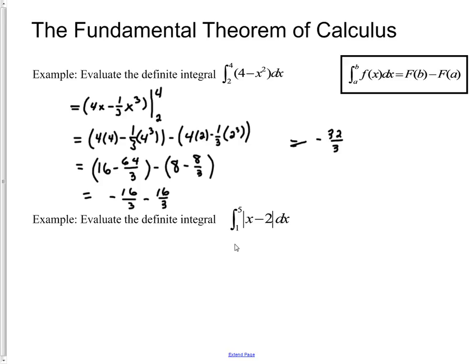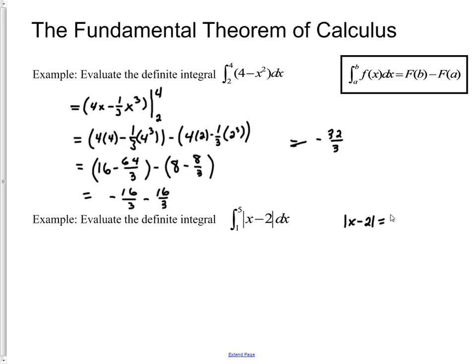All right, well, let's talk about this one. We've got the definite integral from 1 to 5 of the expression absolute value of x minus 2. Well, we can use some of our properties of the definite integral to help us with this one. The reason we might need that is to remember that absolute values can be rewritten without the brackets if we recognize that the behavior of the function is going to change at certain points.